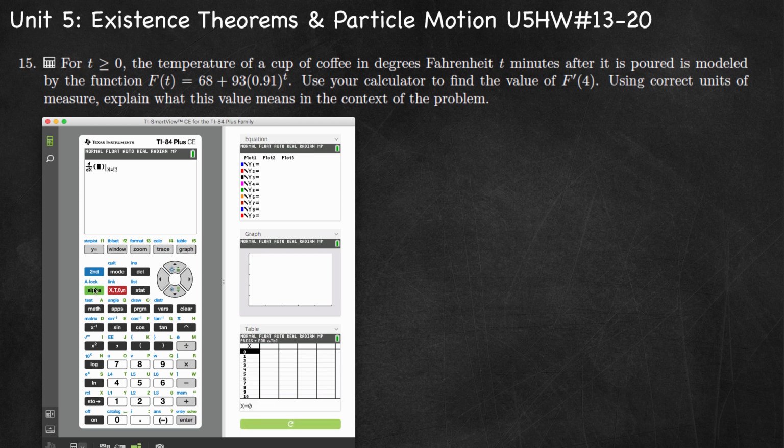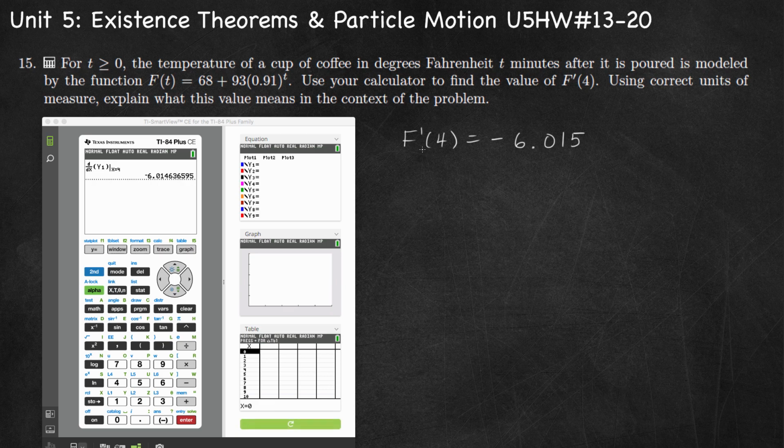To get to y1, I'm using alpha f4, and then 1 for y1. And then we want the derivative specifically when x is 4. And we get negative 6.0146. So that is the value of f prime of 4. Negative 6.015 if we round to 3 decimal places.